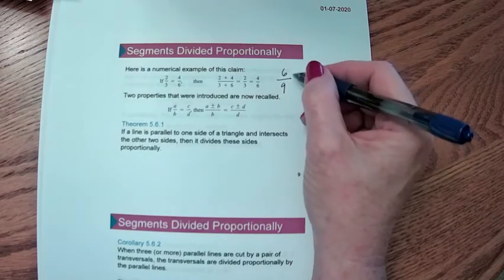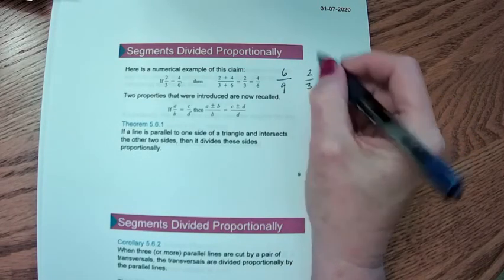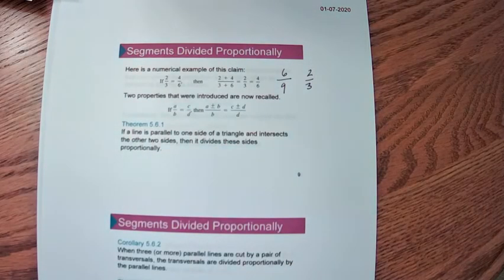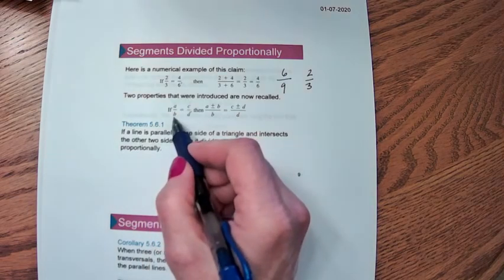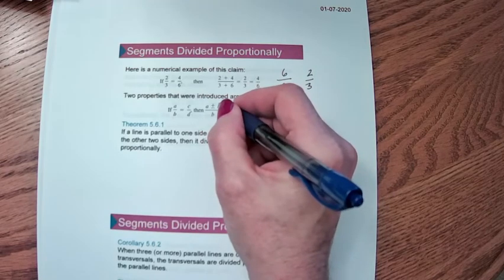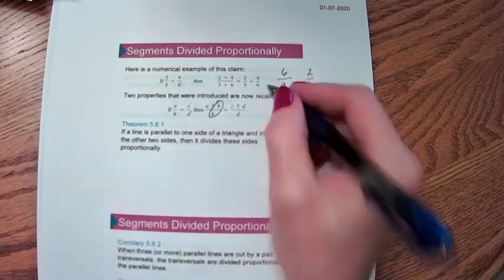And you know what? If we were to reduce this, this would be 2/3, which is what the original two ratios are also. So you can add the numerators and add the denominators. Or if you wanted to keep the numerator on the left-hand side, you can actually add that term to the numerator.